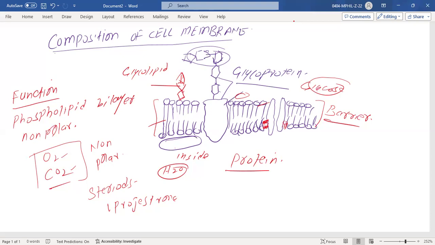How different substances which are not allowed by the general structure of the cell membrane get into the cell, and how those substances which are inside of the cell come out. These proteins help to pass these substances through it, right?